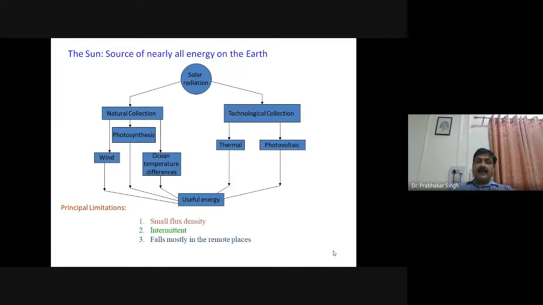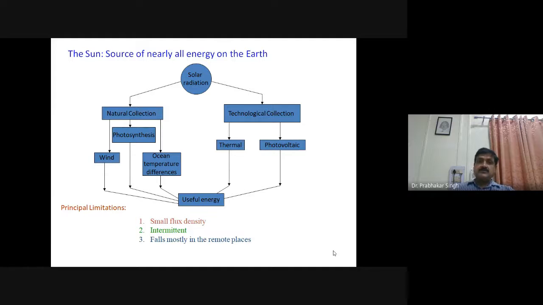Okay. And if you see the sun and you talk of all the energy, the solar radiation can be collected both technologically and naturally. Natural collection includes photosynthesis, which creates wind energy, of course, and the ocean temperature difference, and you convert it to useful energy.